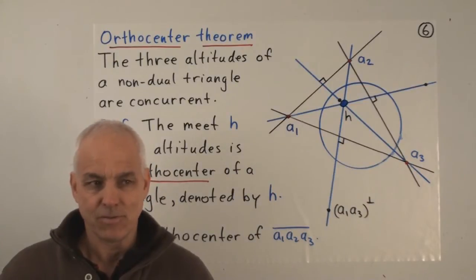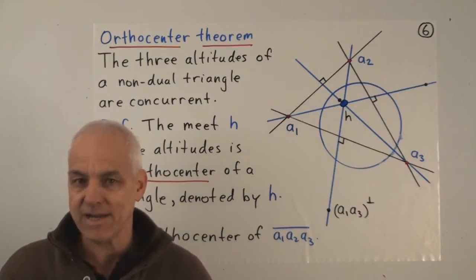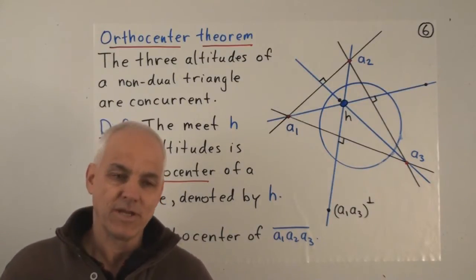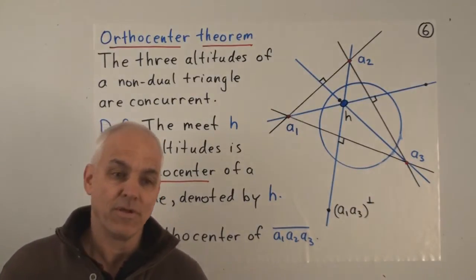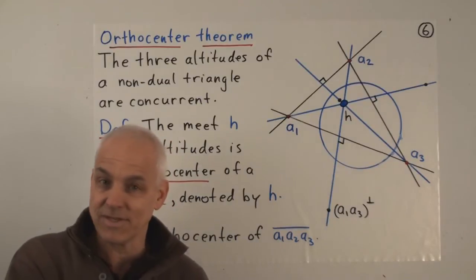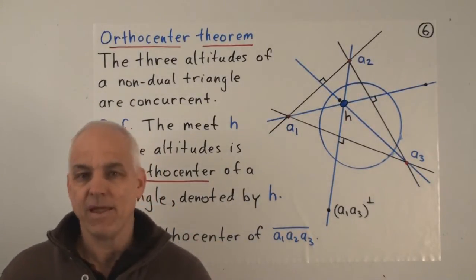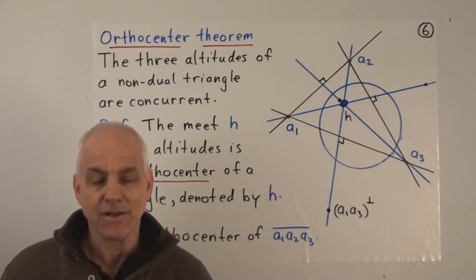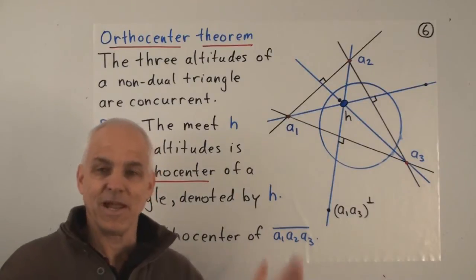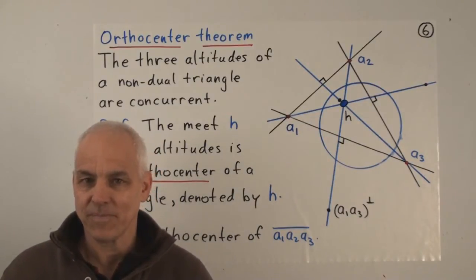It's quite different from the meet of the perpendicular bisectors giving you the circumcenter, quite different from the meet of the angle bisectors giving you the incenter, or the meet of the medians giving you the centroid of a triangle. It's a little bit more complicated to establish this. And I understand that Einstein really liked this theorem. It was one of his favorite theorems in geometry.